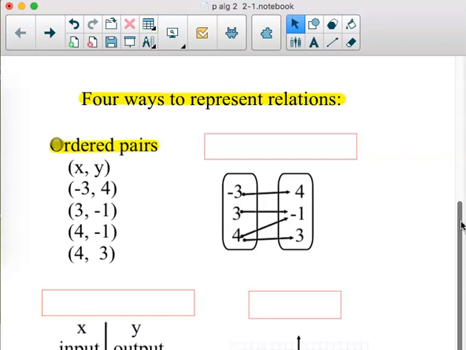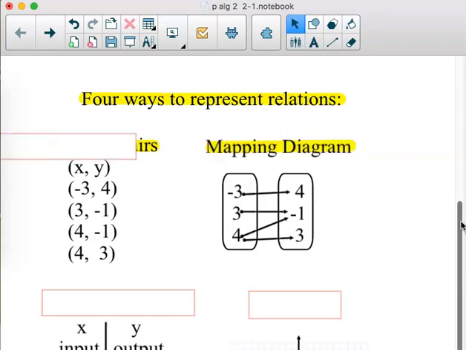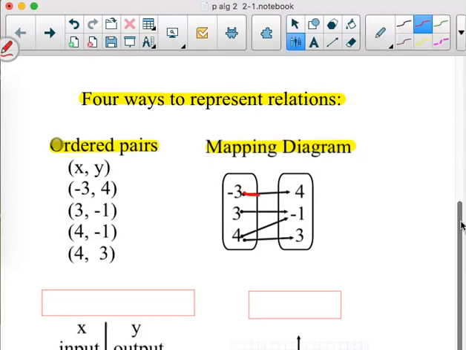So there's a set of ordered pairs. Now, what we see to the right of that is just another way to represent that. That's called a mapping diagram. It's kind of like a couple of ovals, but you'll see the numbers here have these arrows to show us where they're supposed to go. So if you put a -3 in, you get a 4. Well, that's exactly what we have right here. If you put a 3 in, you get a -1.